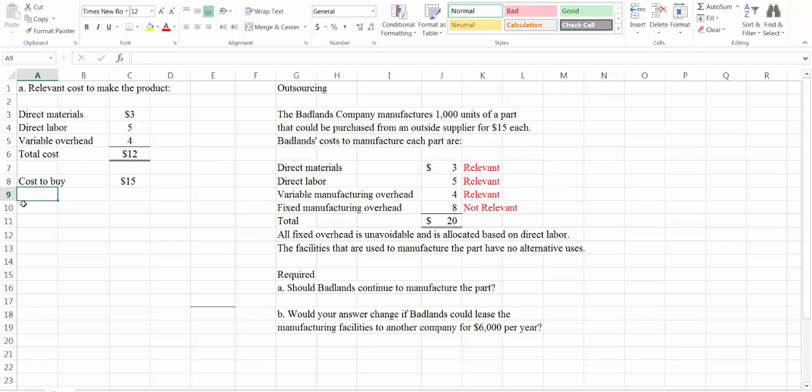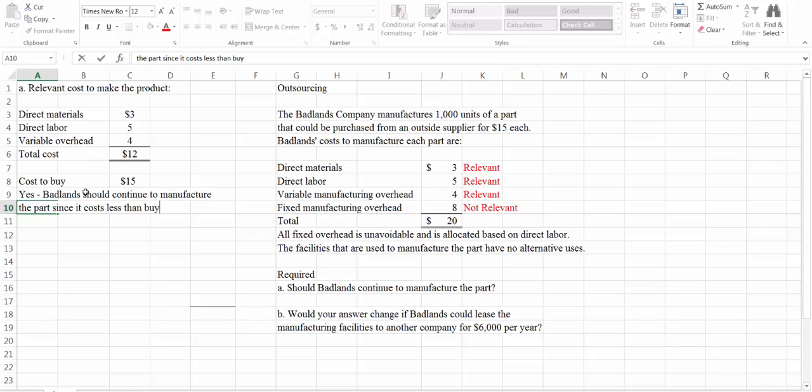Okay? So the answer to the question, should Badlands continue to manufacture the part? Yes, Badlands should continue to manufacture the part since it costs less than buying it. Okay, and if it asked you for the difference in income, we would say the advantage of manufacturing the part turns out to be $3, right?